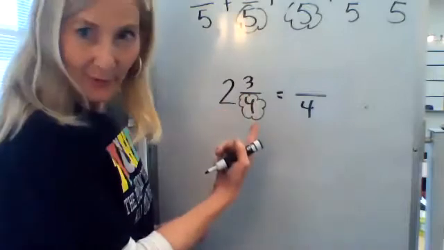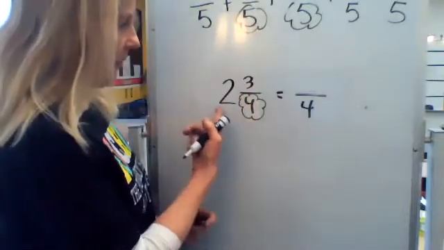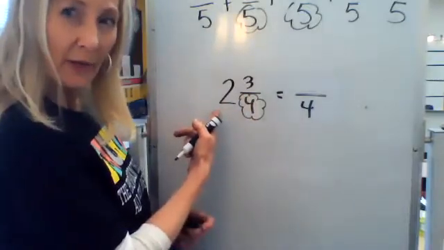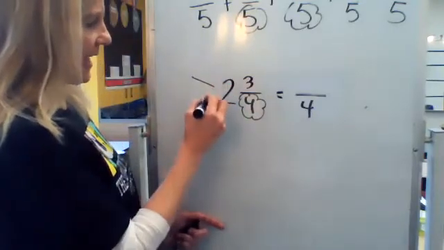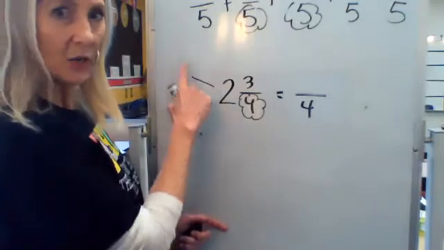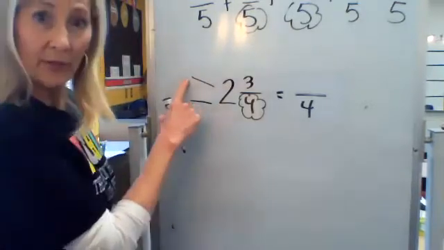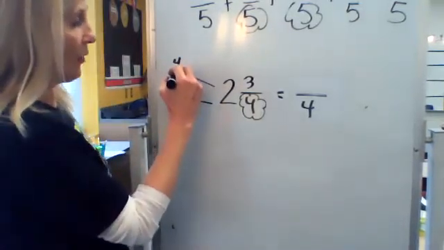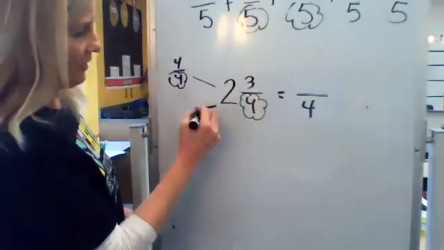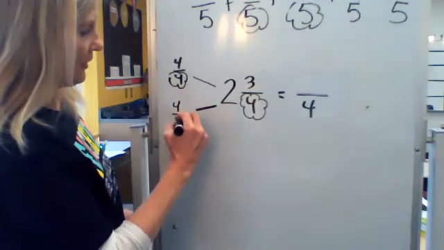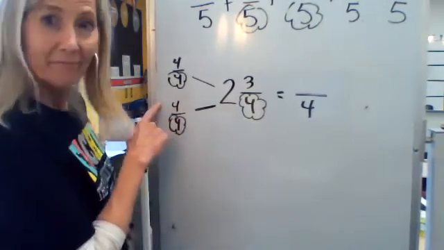And so I know I have 3 fourths, obviously, but what about these wholes? How many fourths? I know I'm working with fourths. If I could see inside, how many fourths made up each one of these wholes? Well, one of the wholes was made with 4 fourths, right? Another whole was made of another 4 fourths.